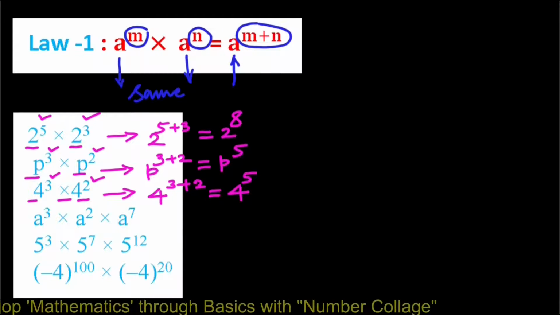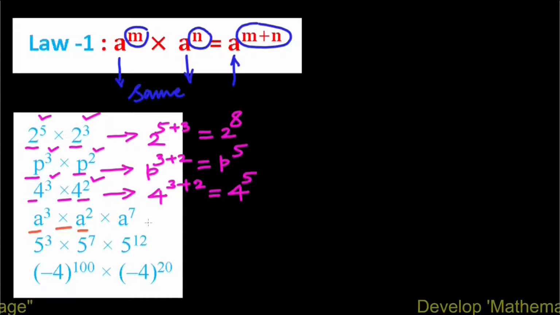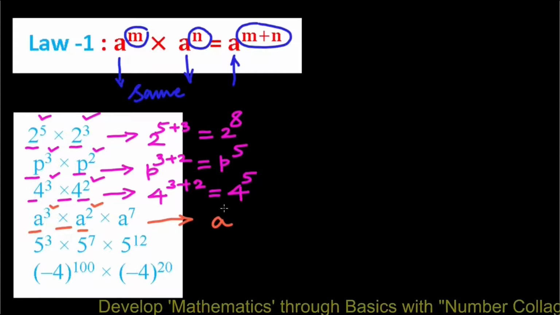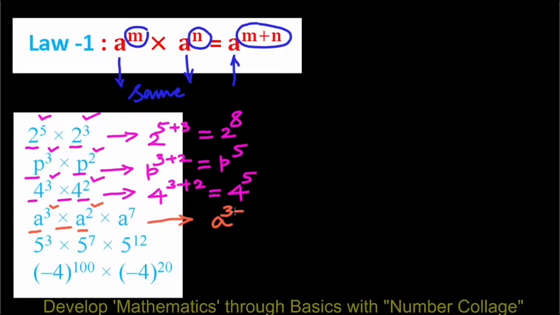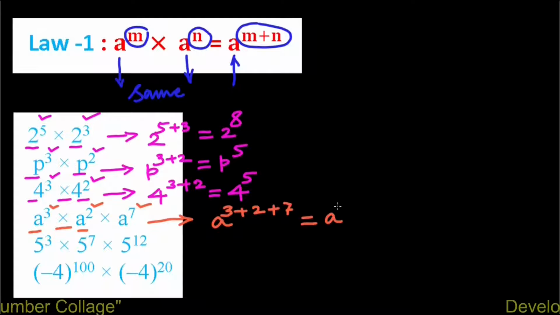In the next example, there is multiplication and the base is the same, which is a. So we raise this base a to the sum of the individual powers, that is 3 plus 2 plus 7. So that gives us a to the power 12.